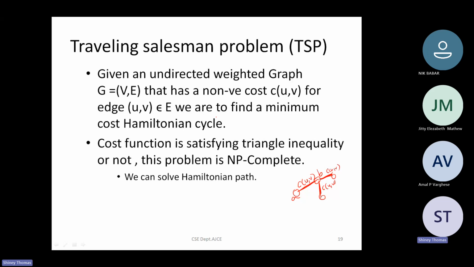You can say it's a graph. It's one of the NP complete problems, the Hamiltonian cycle, which means that you visit every vertex of the graph G exactly once. When you're talking of a Hamiltonian path, there's a possibility that you need not return to the starting vertex.